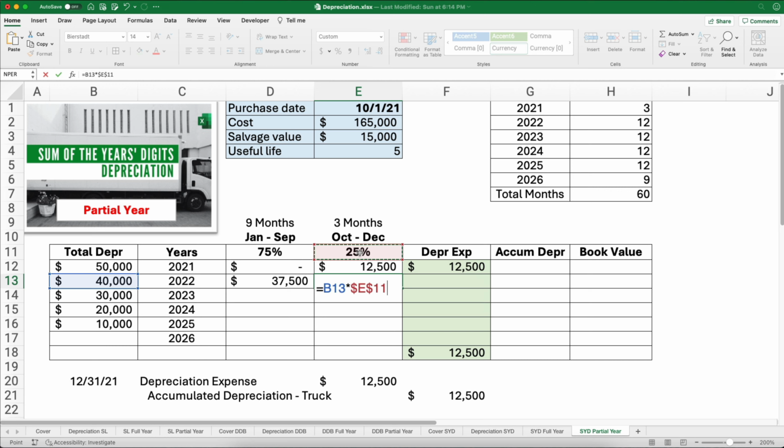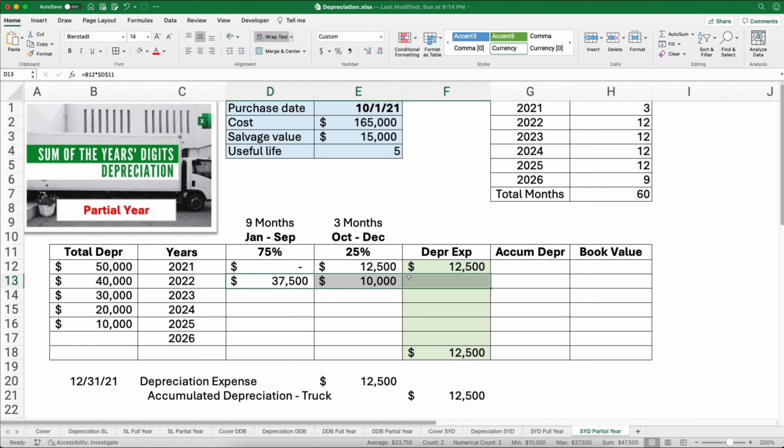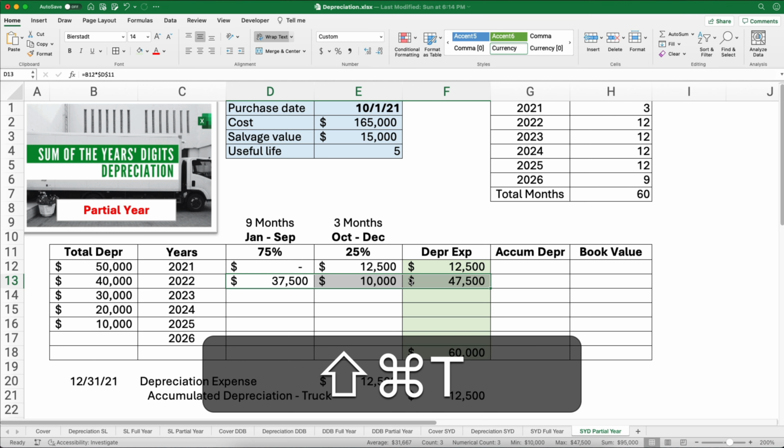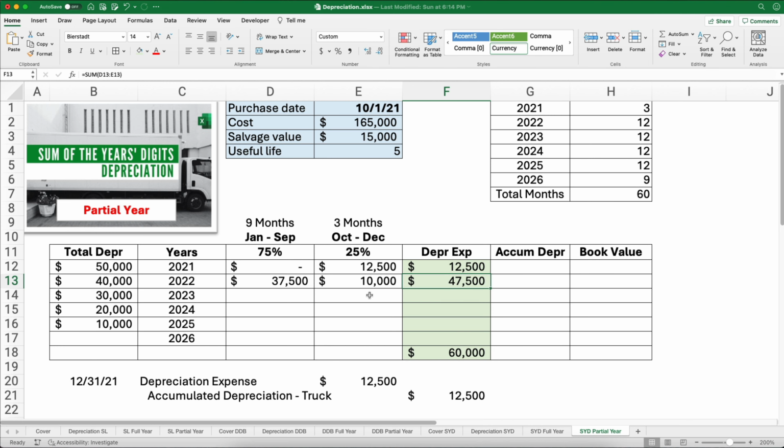And you see that's going to happen every time. So the first year is made up of 3 months in 2021 and 9 months in 2022. So let's add this up here. So that's 47,500.